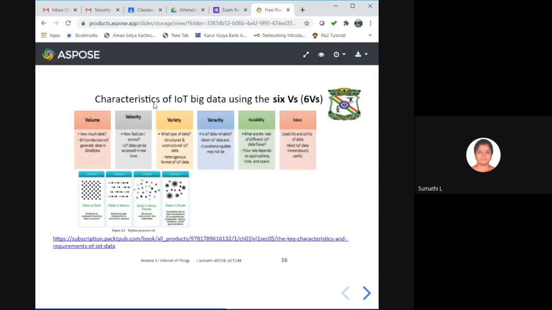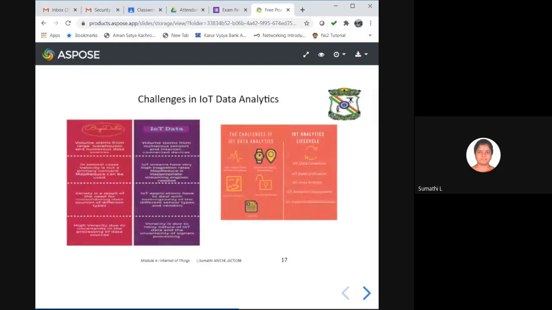Okay. Apart from the four V's which we discussed for your IoT, you also have variability and value. You also want to consider the value and the different types of data generated from different types of sensors when you apply your big data. Okay. So what are the challenges I have?